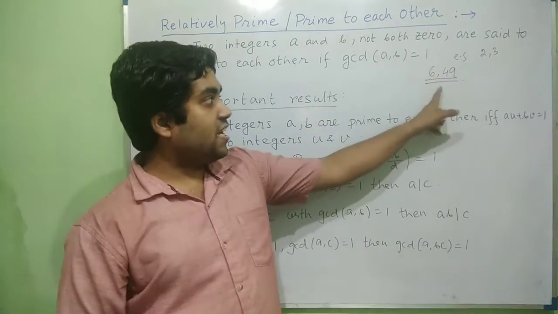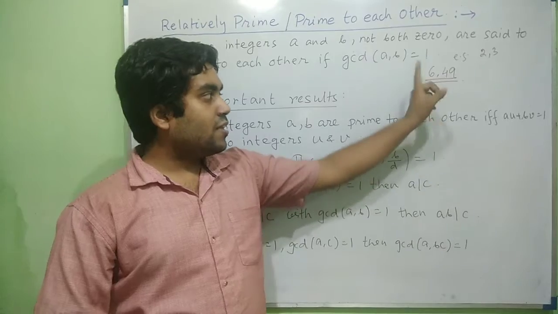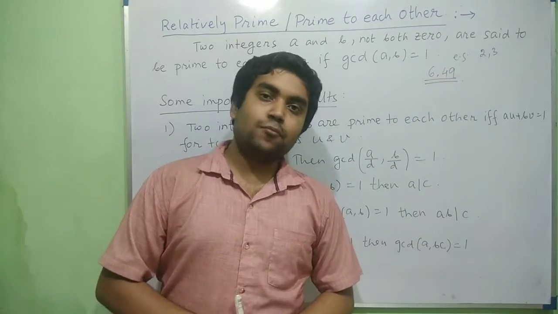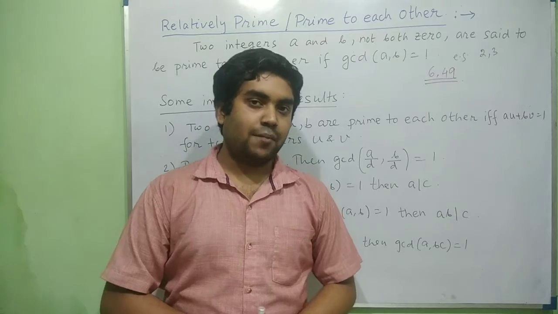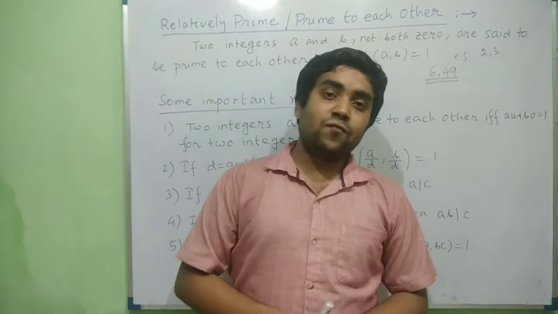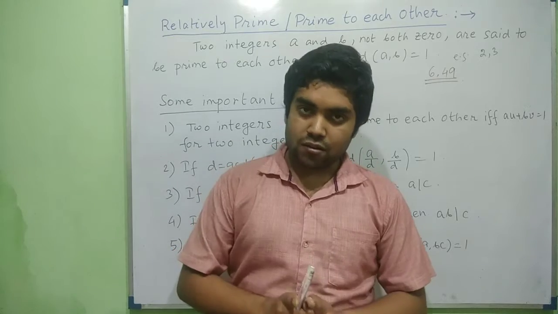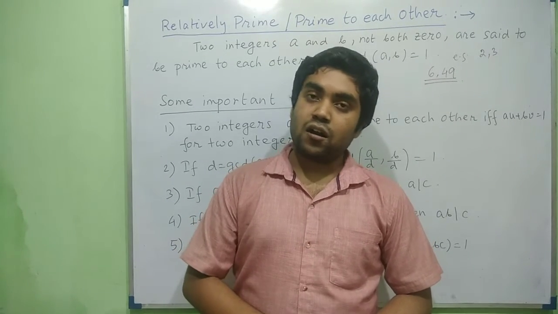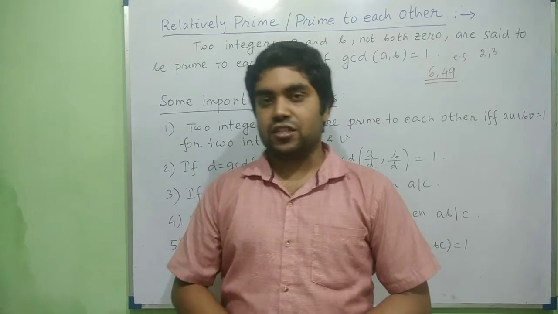Therefore, their GCD will be 1. Therefore, these two numbers 6 and 49 are said to be prime to each other or relatively prime. That is, if between any two integers we can find the GCD as 1, then we must say that these two integers are relatively prime or prime to each other.